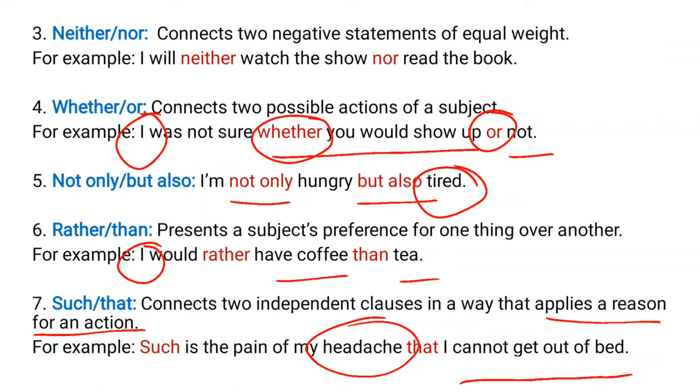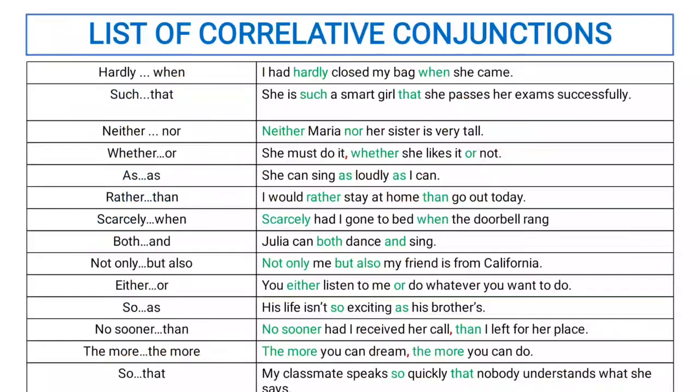I hope now you have understood how to use these correlative conjunctions in your sentences. And here is the list of some commonly used correlative conjunctions. While reading these examples, you will notice that these correlative conjunctions don't just connect nouns, but they can also connect verbs, adjectives, adverbs, prepositional phrases, and even clauses.